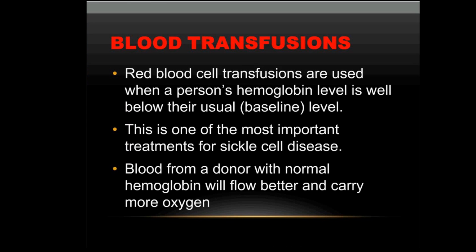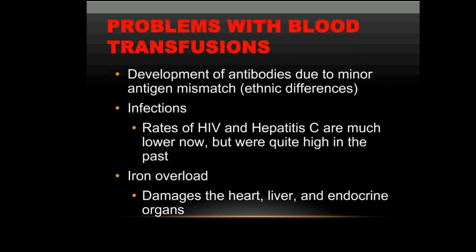Now, the transfusions are used when a person's hemoglobin level is well below their usual baseline level. And this has been one of the most important treatments for patients with sickle cell disease. And the reason being that blood from a donor with a normal hemoglobin will flow better and carry more oxygen.